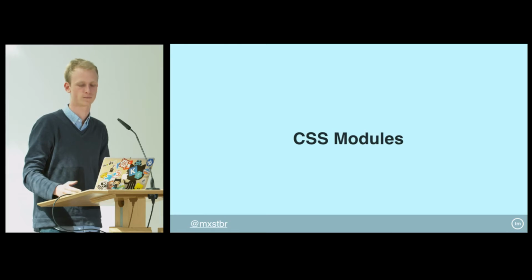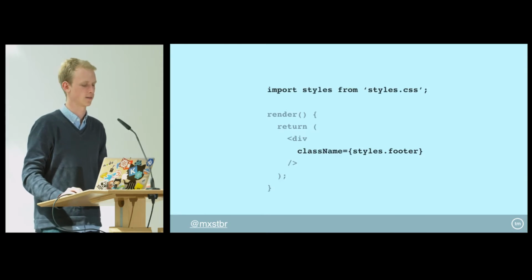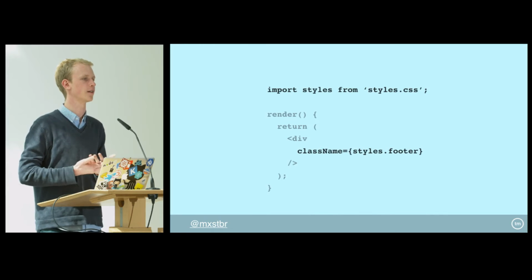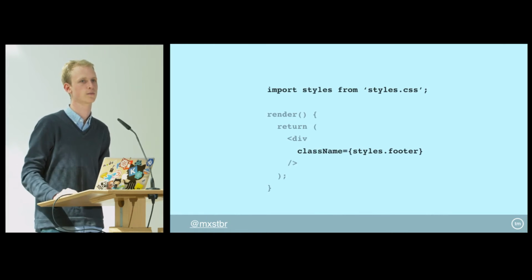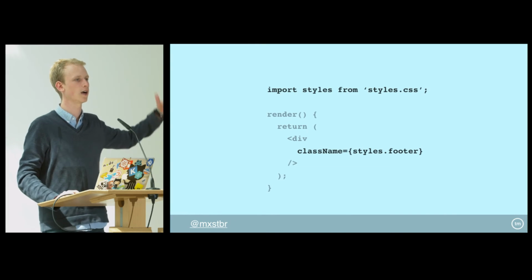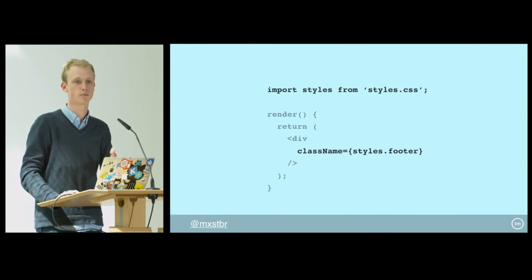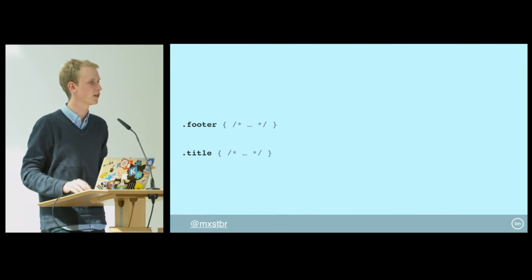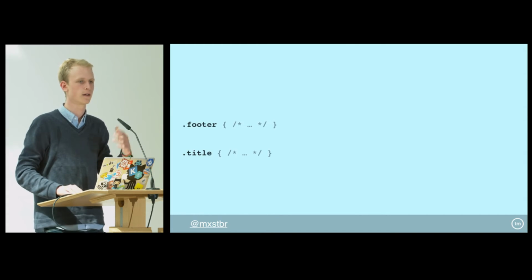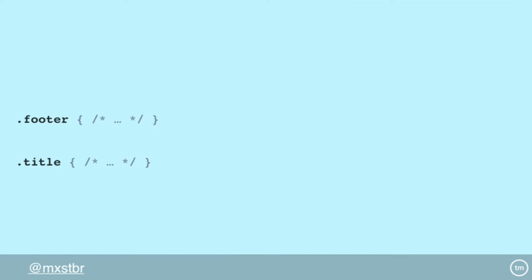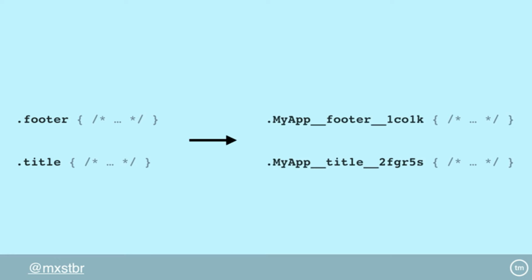Some people from halfway around the world, Australia, have come up with a really smart solution called CSS Modules. It works like this, right? We import our styles into our component, and then we assign a class name of styles.footer. Now, this styles.footer gets passed out of our CSS file by CSS modules. So in our CSS file, we still just write .footer and .title, and that's it. And CSS modules goes in and uniqueifies these class names, right?